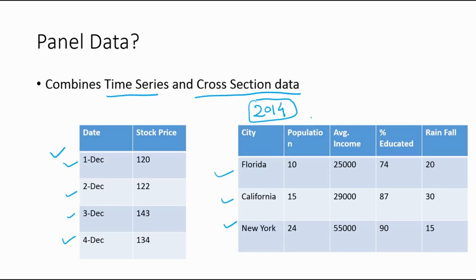We have got the population in millions, average income, percentage educated, and then the rainfall. Okay, so I've got data for different cities for a single time period, and that's important. Single time period.